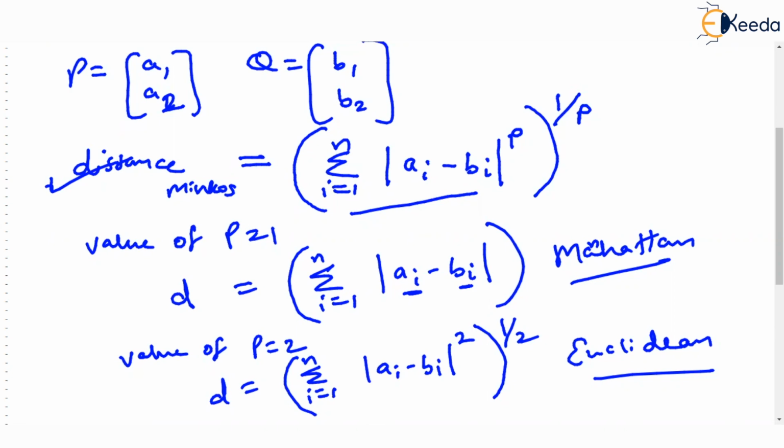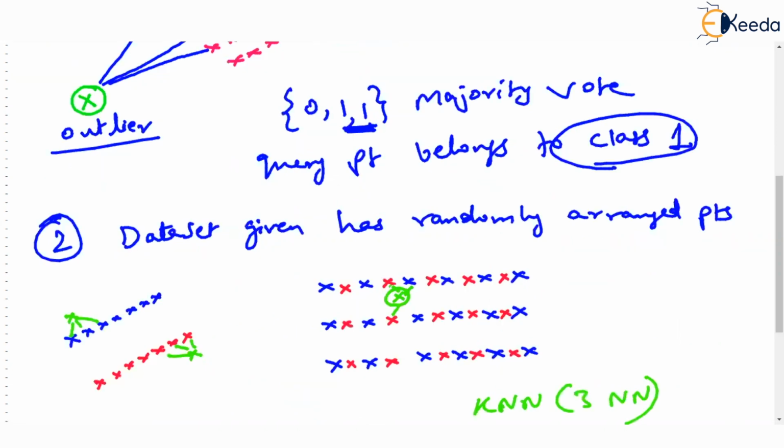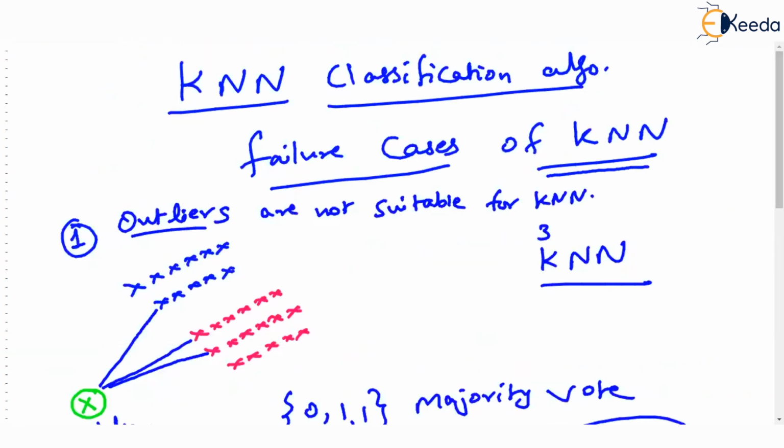Okay. Now, what if I tell you that there are more ways of finding distances between 2 points? So I'll just remove this page. See, to find the distance between two vectors, that is points.